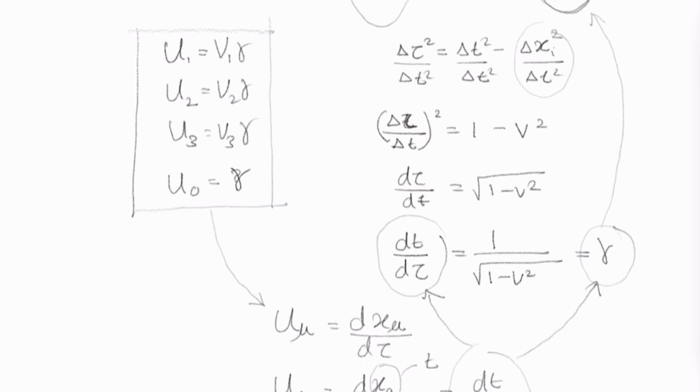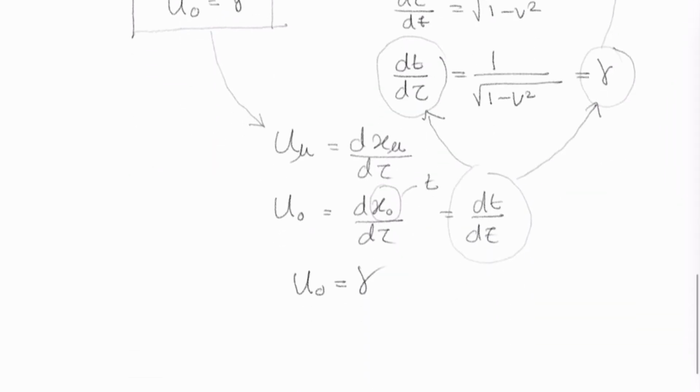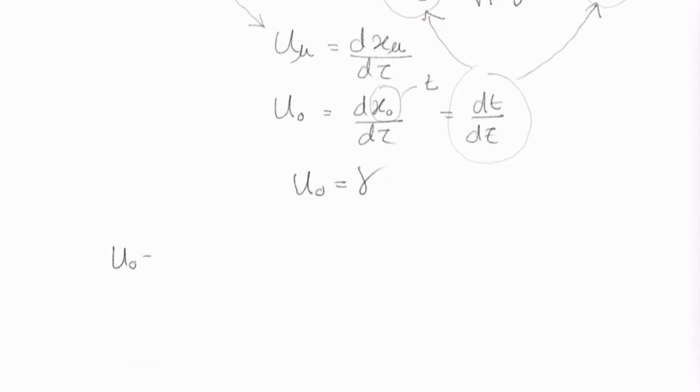dt by d tau is 1 over the square root of 1 minus v squared. Let's put back the speed of light here. dt by d tau is unitless because both t and tau are times. To make this side unitless, there has to be a c squared here.